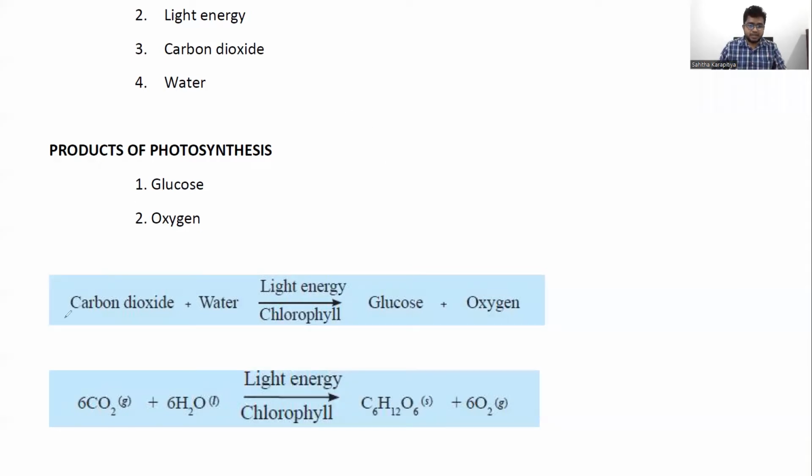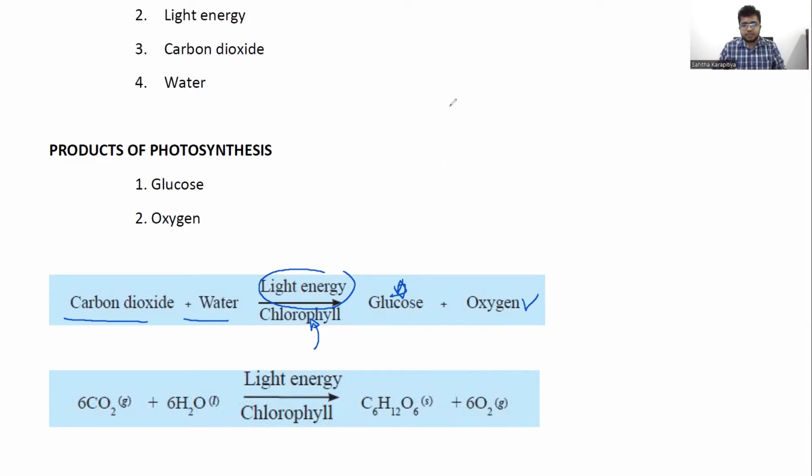Once again, carbon dioxide plus water, light energy captured by chlorophyll, produces glucose as the main product and oxygen as the byproduct. Both of these are essential for the survival of organisms. We need oxygen as well as we need food.